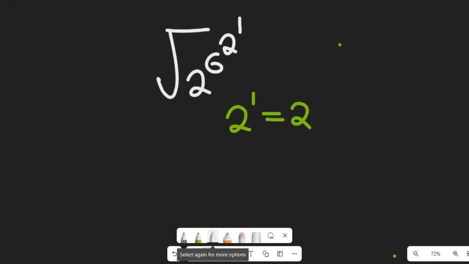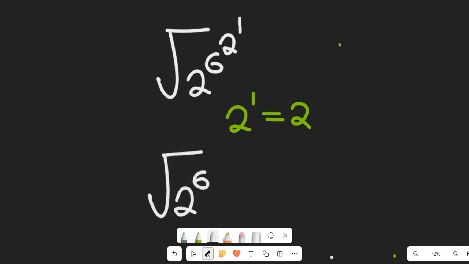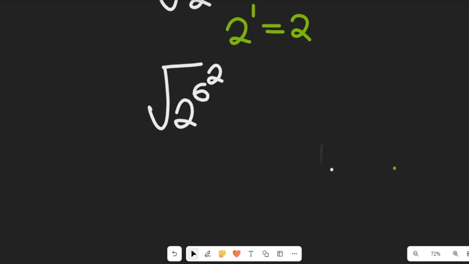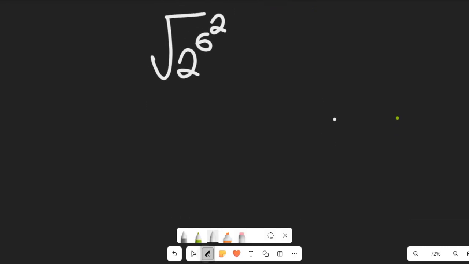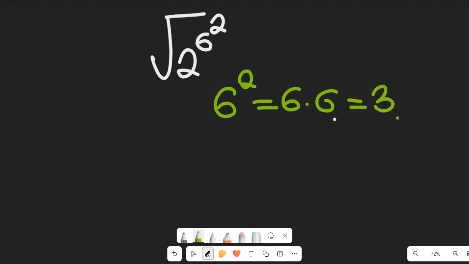So the expression will now become the square root of 2 to the power of 6 to the power of 2. Great. Now, in the next step, I'm going to look at 6 to the power of 2, which is the next power. 6 to the power of 2 is 6 multiplied by 6, and that will be equal to 36.